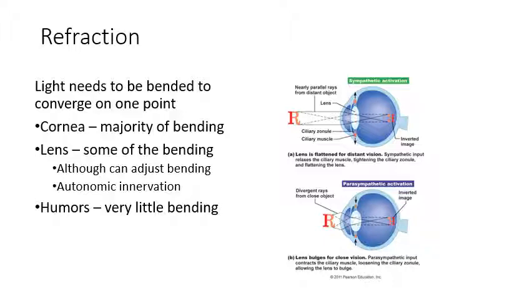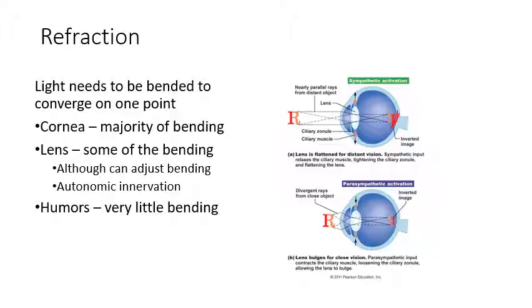Now we have to refract the light, and then ultimately I need to add a third component: we have to make sure our eyeballs are looking in the right direction. So we're going to need three main factors. We have to limit the light, depending on whether it's dim or bright. We have to refract properly, because we have to get the light back to where those photoreceptors are located in the back of the eye.